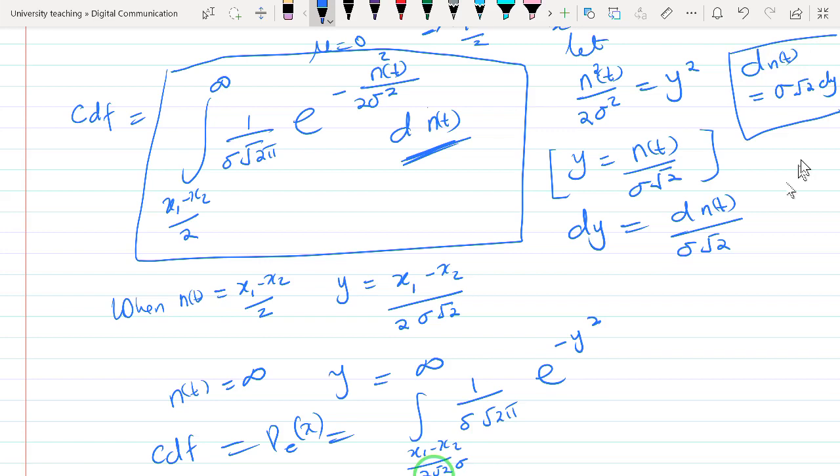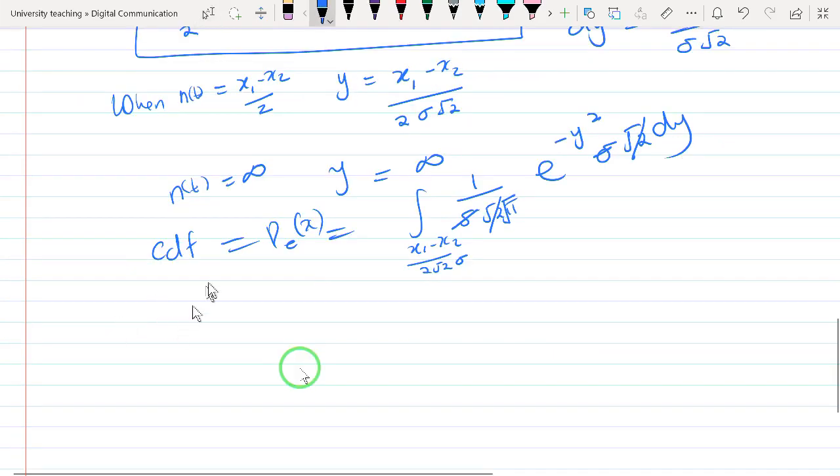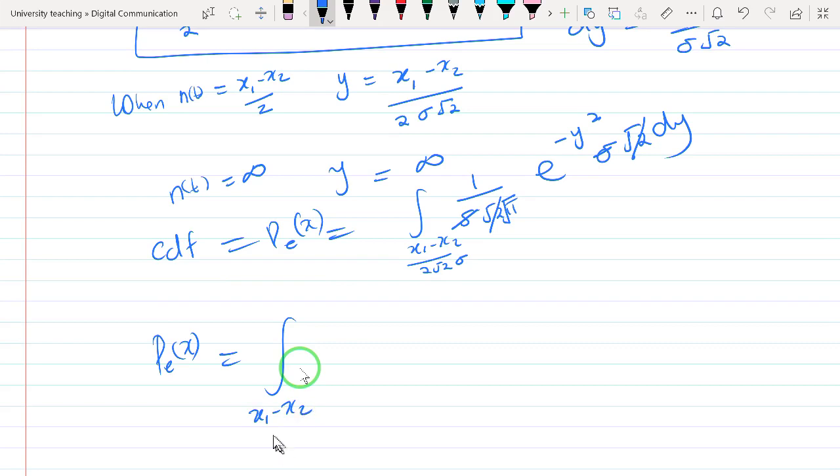You say dnt is equal to sigma root 2 dy. Therefore, you can divide this 2 by root 2. Therefore, you are left with root pi. So our CDF, or probability of error, that x is in error, simply becomes the integral from x1 minus x2 all over 2 root 2 sigma of 1 over root pi exponent of minus y squared dy.